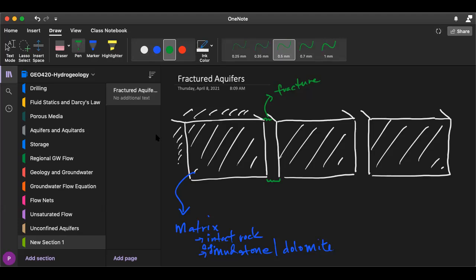Now, here I've drawn purely open space between these matrix blocks, all right? The fractures can be full of other stuff, sand or whatever. For now, let's consider open fractures. So this is an open crack between matrix blocks.